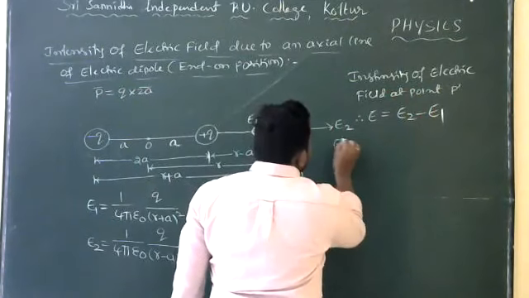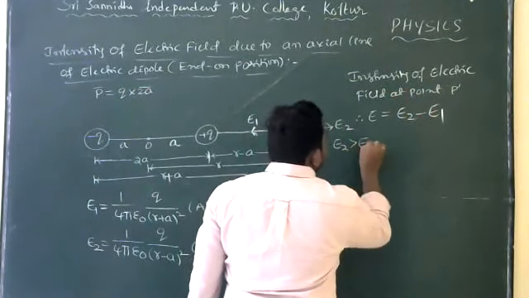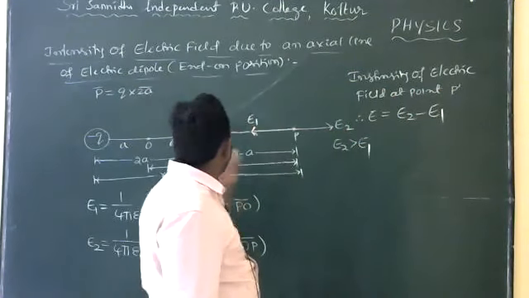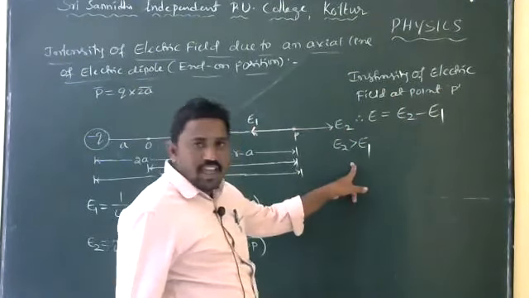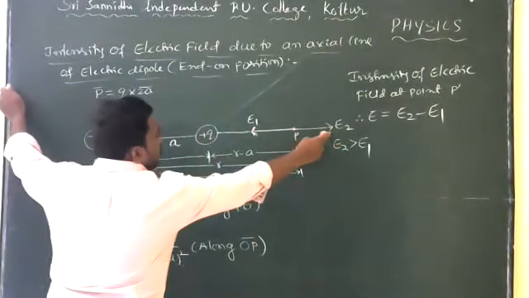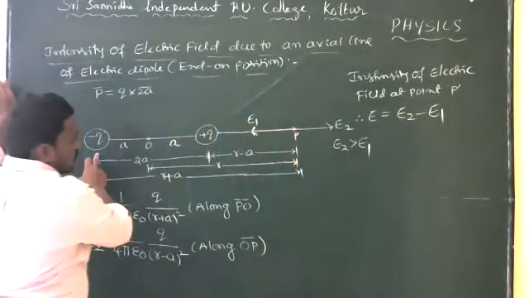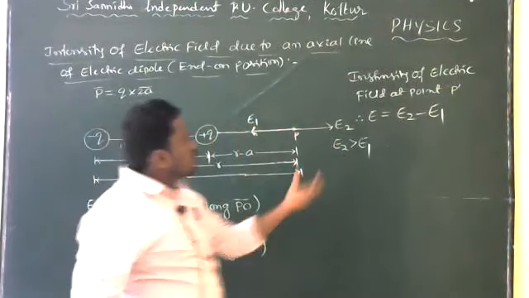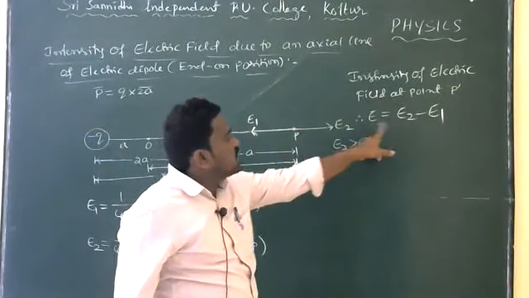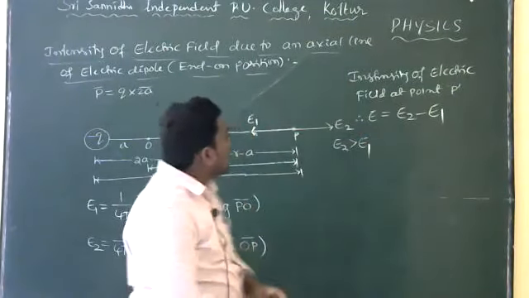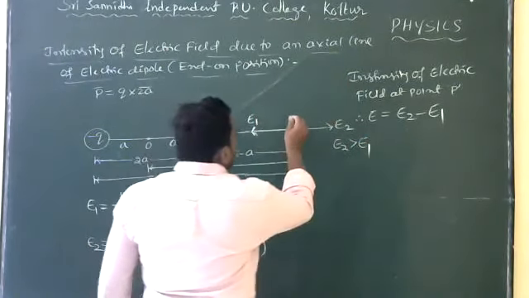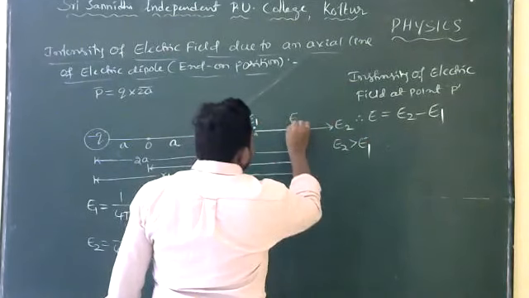Because E2 is greater than E1. E2, the intensity of the electric field at point P due to plus Q charge, is greater than E1, the intensity of the electric field at point P due to minus Q charge. Therefore the resultant electric field E is equal to E2 minus E1, because E2 is more than E1.